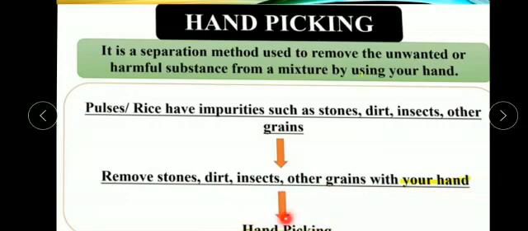Now we will learn the definition. It is a separation method used to remove the unwanted or harmful substance from a mixture by using your hand. When we remove impurities by our hand from a mixture, this process is known as hand picking.